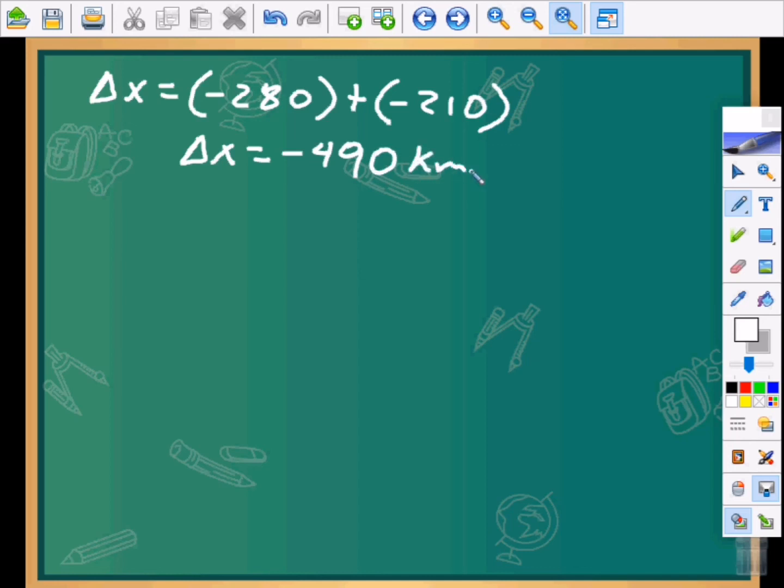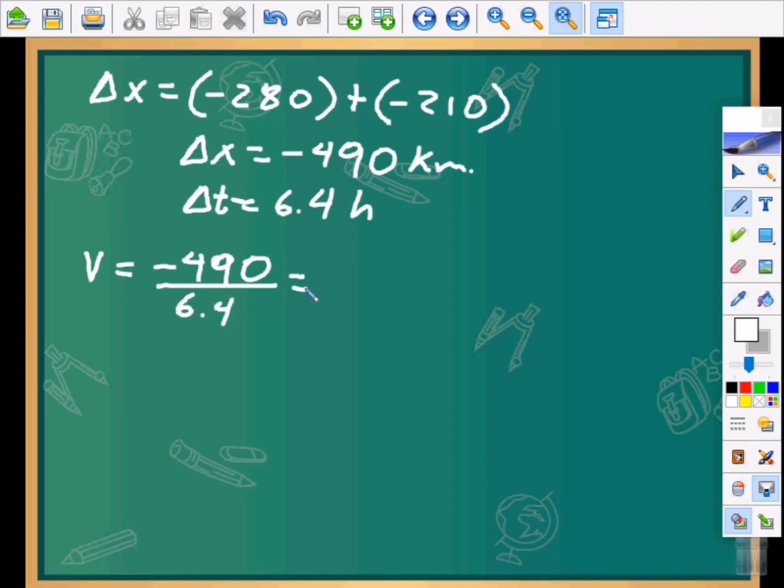Your time, we found it already, that was 6.4 hours. The average velocity is equal to delta x, in this case negative 490, over your delta time, that is 6.4.